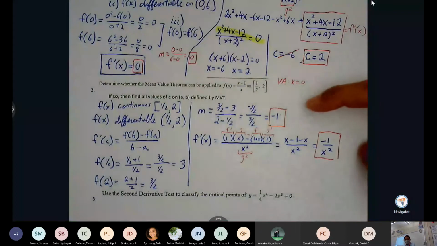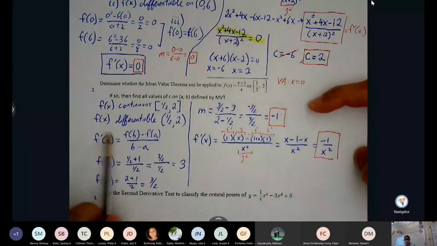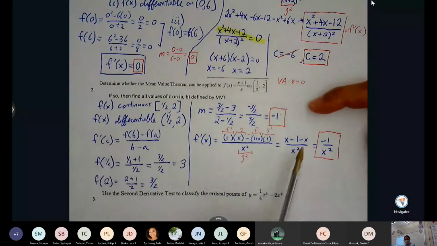All right, we've gathered all the information that we need. We have our slope, we have our derivative, and now we're going to set them equal to each other.